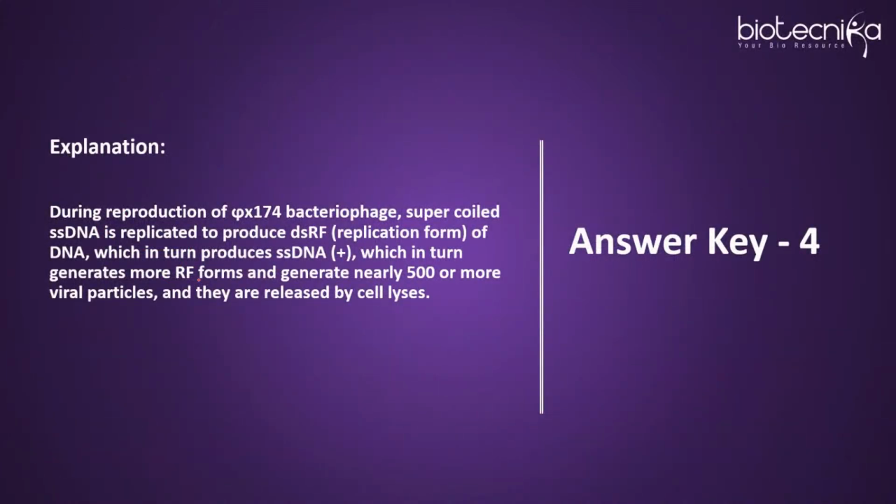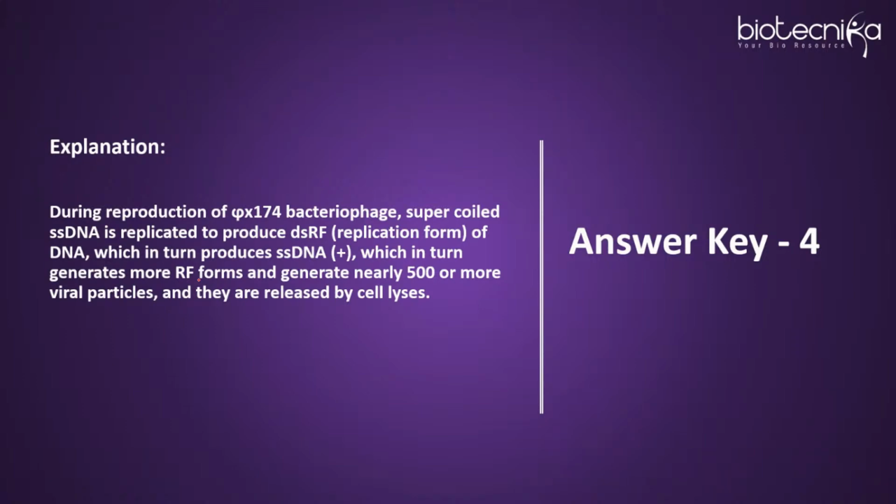So the explanation here says that during the replication of this Phi X174 bacteriophage, supercoiled single-stranded DNA is replicated to produce the double-stranded replicative form. This double-stranded form in turn produces the single-stranded DNA of the bacteriophage, which is in positive form, which in turn generates more RF forms.